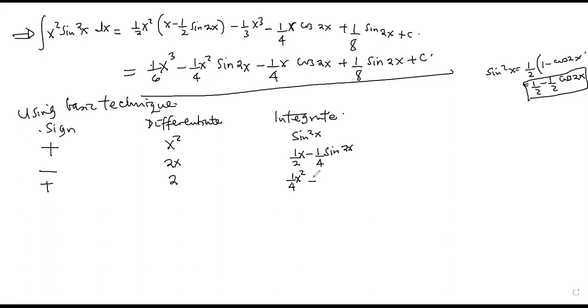So it will be plus 1/8, because the 2 will come down, then cos 2x. Then minus, when you differentiate here, you'll get 0. And when you integrate here, it will become x cubed. Of course, here, it is going to become x cubed over 12.